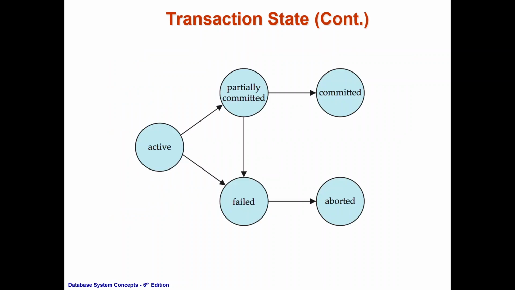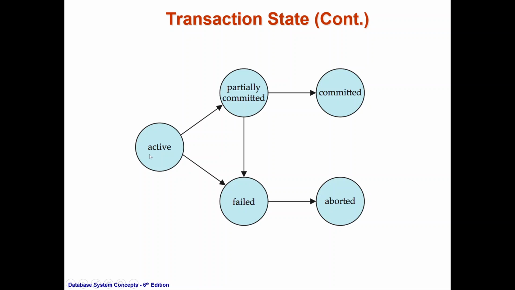Diagrammatically, you can see this is the active state. From the active state, either it goes to partially committed or it fails. In the partially committed state also it may fail, say due to a system crash or power failure. In partially committed, it can then be committed after write A, write B. Failed means it is aborted, and the transaction needs to restart.